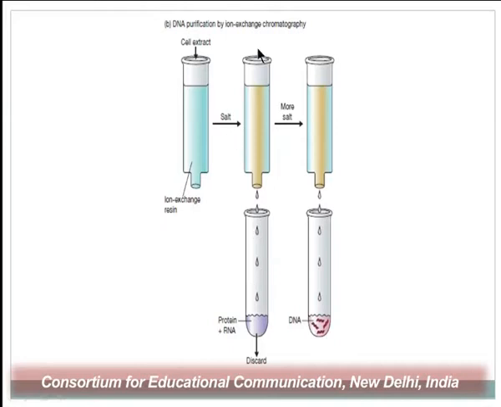Subsequently, when you use a higher salt concentration, the tightly bound molecules such as the DNA can also be eluted. So this is sequential elution of different molecules. This separates the mixture, and therefore we get DNA as the purified material. So in ion exchange chromatography, we are using an ion exchange resin.